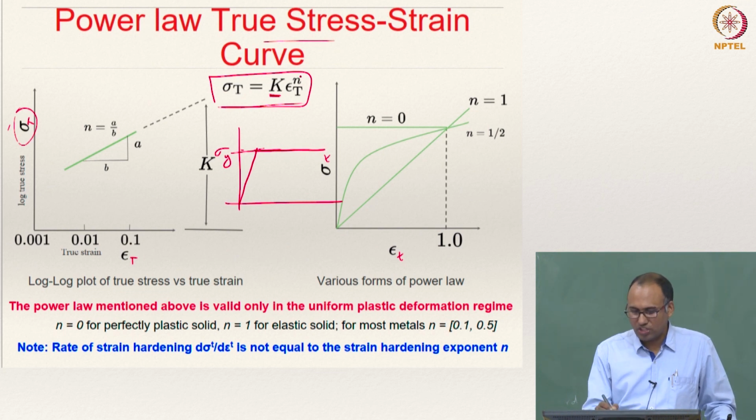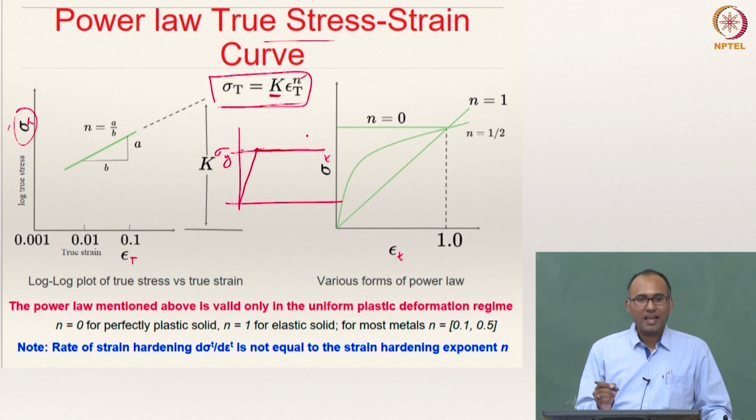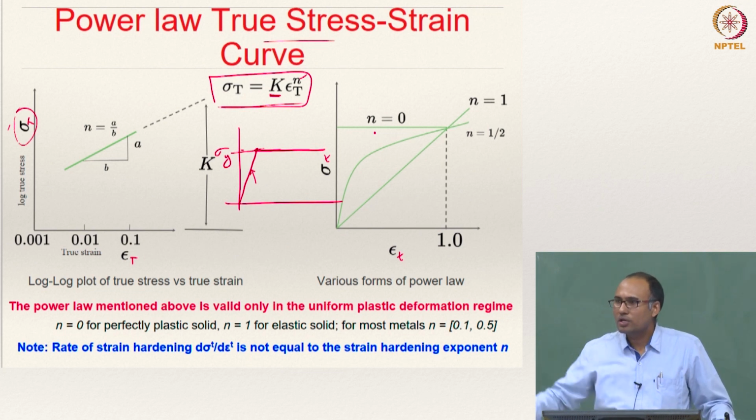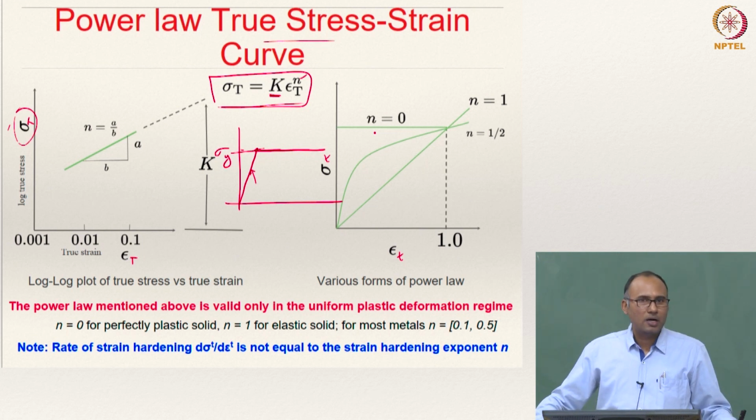When n equal to 0, then sigma t equal to k, some constant, that is basically your sigma y, and this is what is called an elastic, perfectly plastic material. There is no hardening at all. The material continues to deform at constant stress. That means, if you were to see that from the microstructural mechanism perspective, there was no resistance to dislocation motion whatsoever.